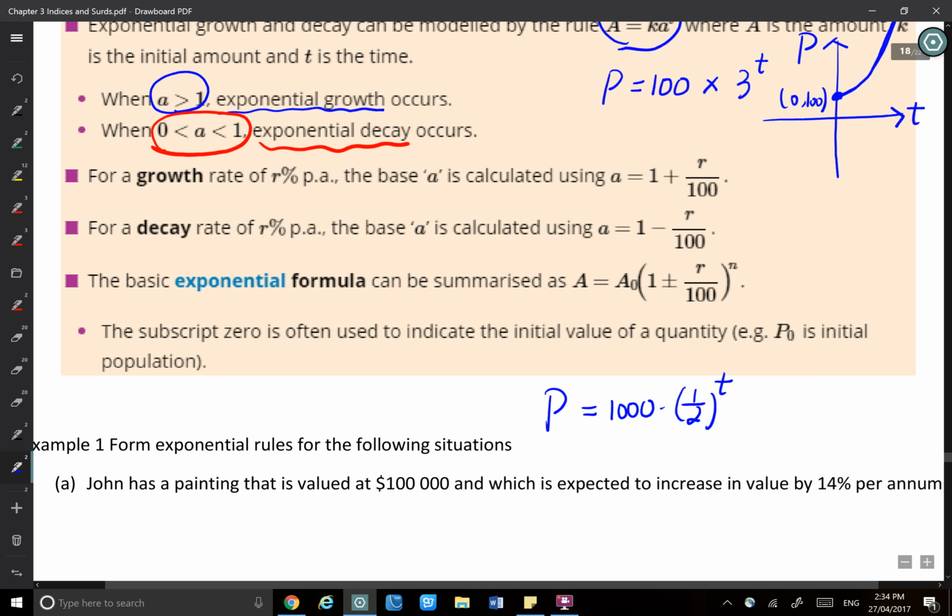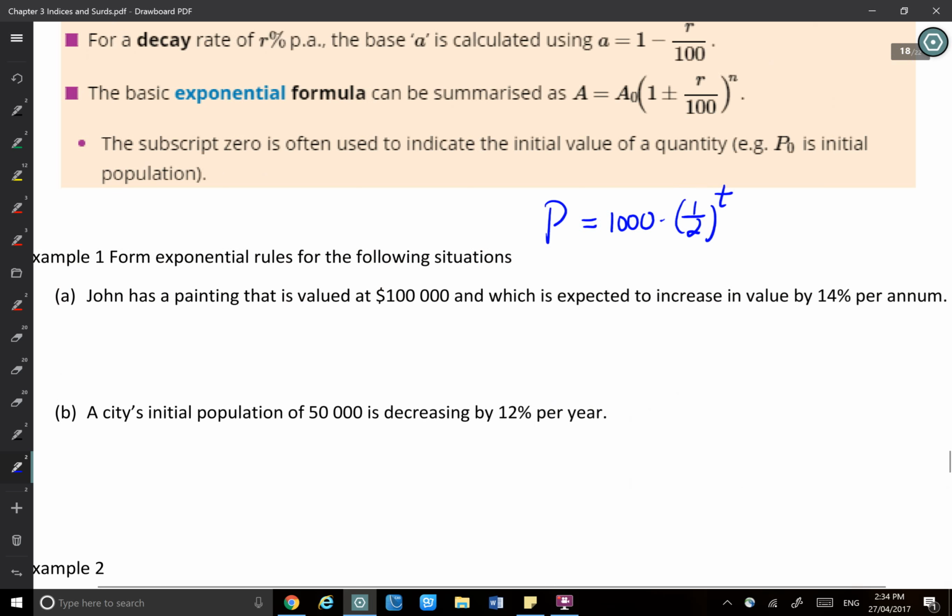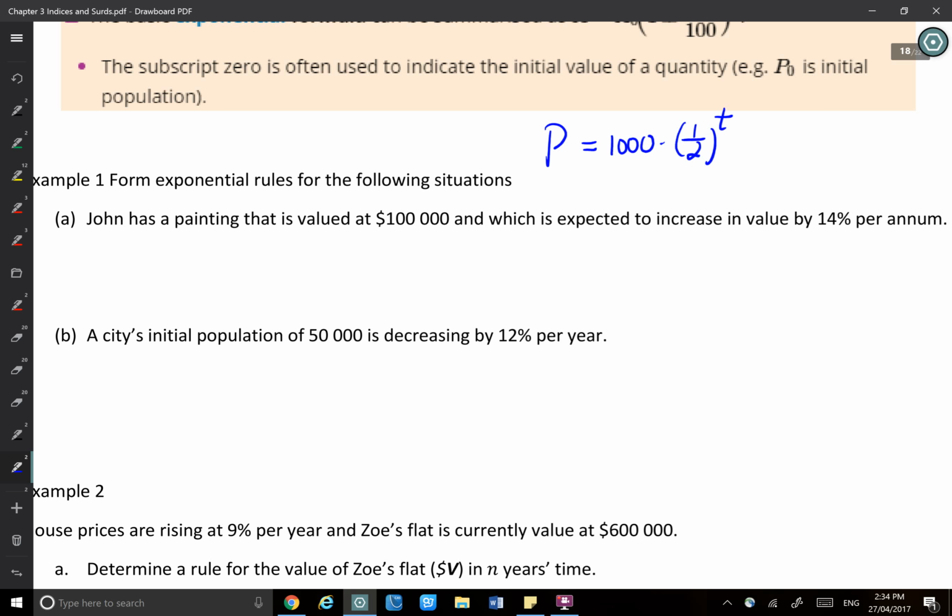This base of a half indicates there's a decay of the initial number. If the base is in between 0 and 1, there's a decay. If the base is greater than 1, there's an exponential growth.